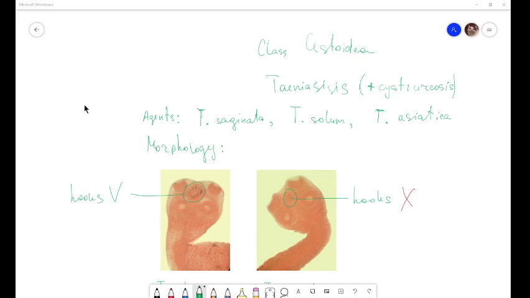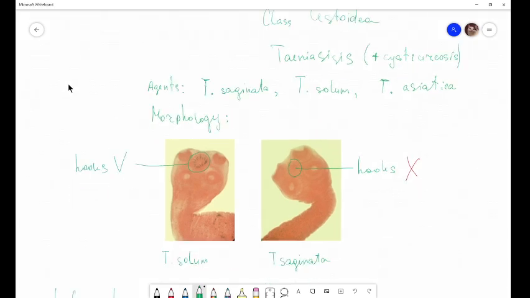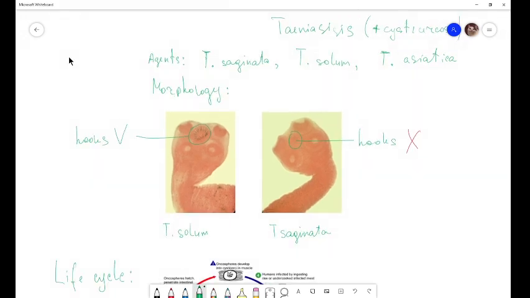What about the morphology of these cestodes? These cestodes have, like other cestodes, a head, a neck, and a body.